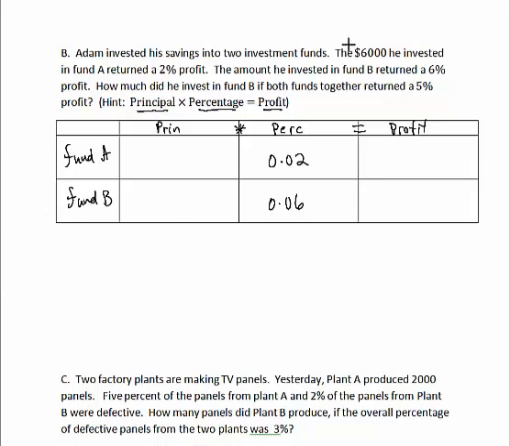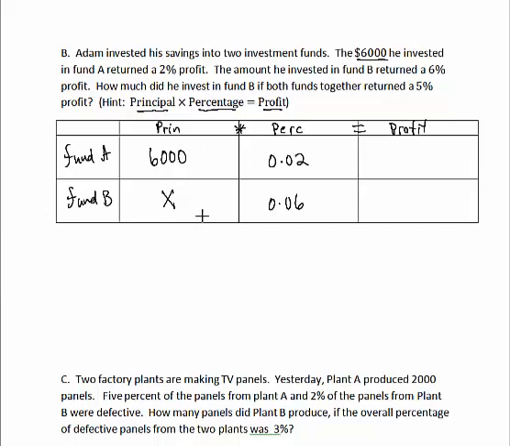And the only thing we're told about the principal is that he has $6,000 to invest in Fund A, which is different from the previous problems. We're just outright told how much he puts into Fund A, so we place the $6,000 here. And so the only thing we don't know is how much principal goes into Fund B.